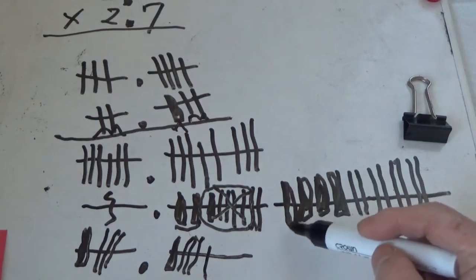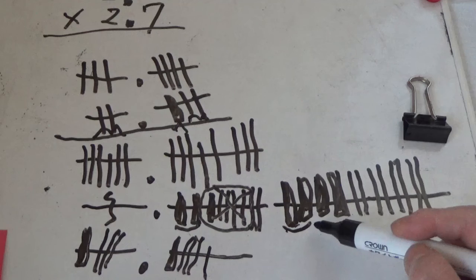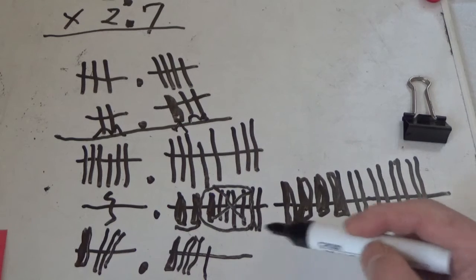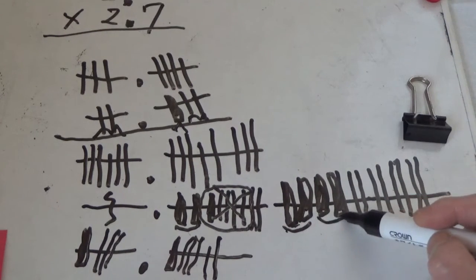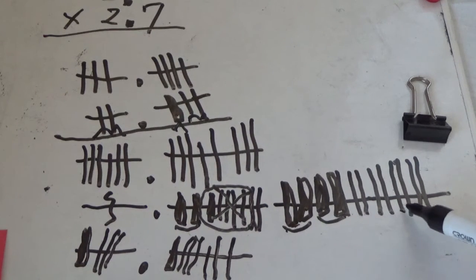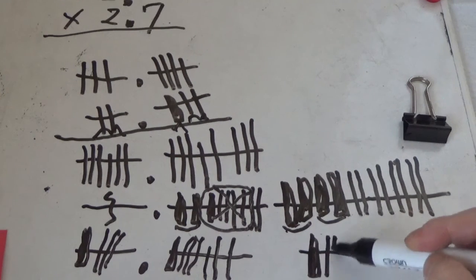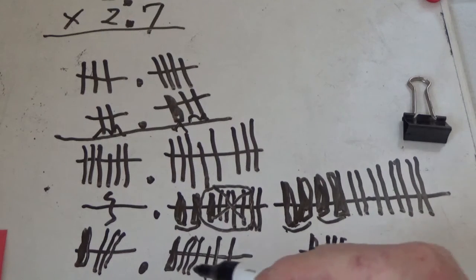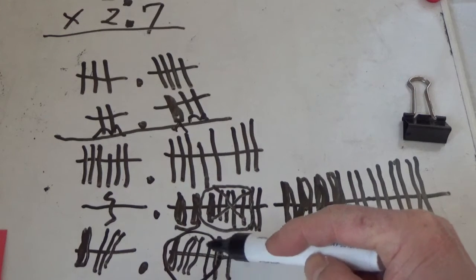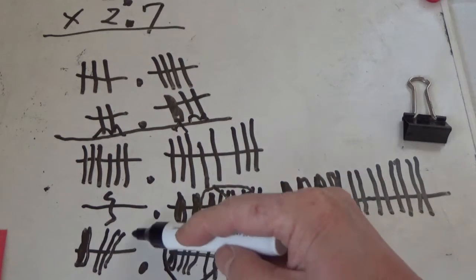And this is 5, that is 10 hundredths. That is 1 tenth. And this is also 1 tenth. And this is 1, 2, 3, 4, 5, 6, 7, 8. 8. This is 1, 2, 3, 4, 5. 5. 5 plus 5 is 10. So 10 tenths is 1.